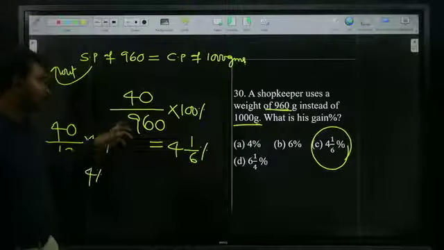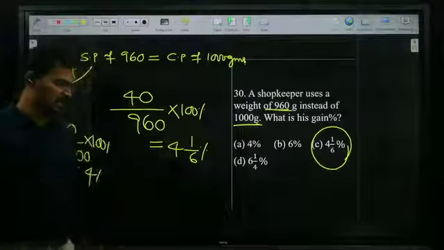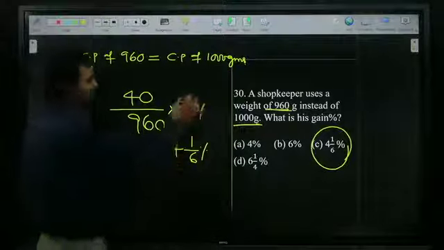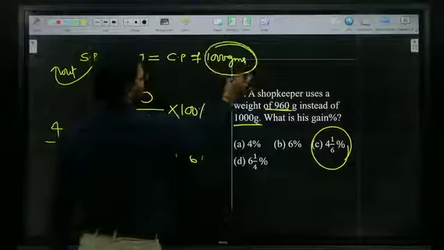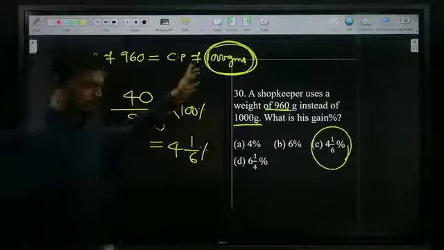So I already told you this is not the cost price. In the previous class also I said this. The true weight is not 1000, Prasad.